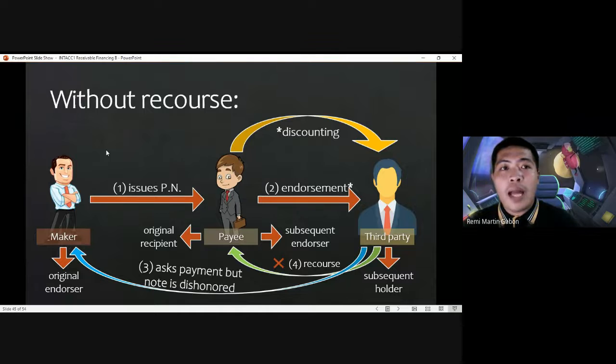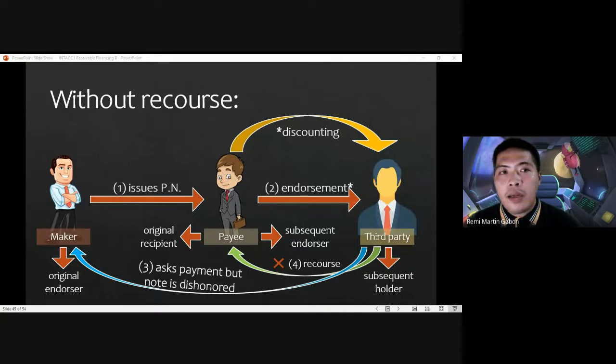So therefore, under without recourse agreement, third party always has the losing situation. In short, hindi siya mababayaran kapag without recourse. In Tagalog, kawawa siya. Kung baga, goodbye lahat si third party. Na thank you siya. Yan yung ibig sabihin lang ng without recourse.